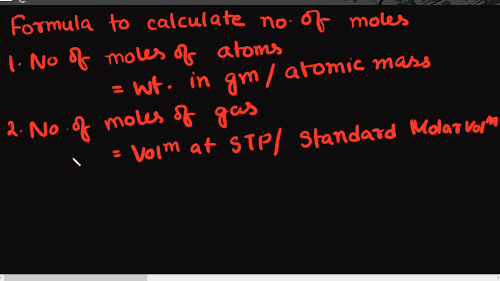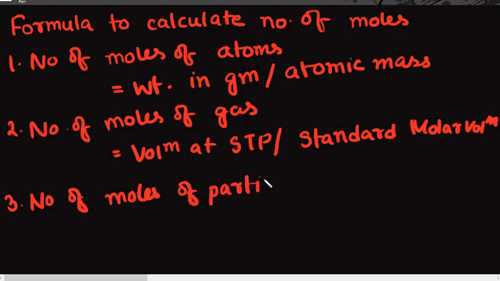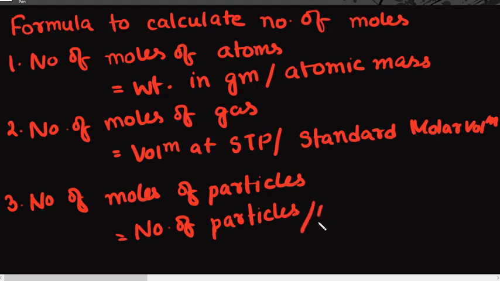And at last, number 3, number of moles of particles, which is equal to number of particles divided by Avogadro's number. So these are the three formulas through which we can calculate the number of moles.